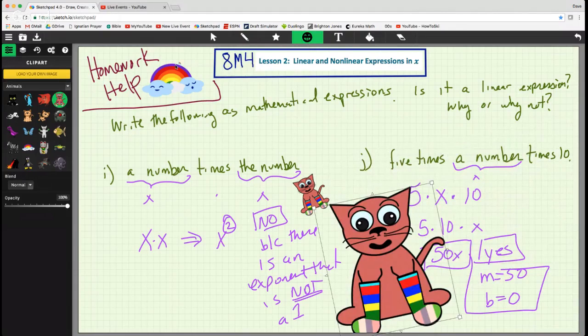Whew, that was a lot. So what did we learn? We learned the difference between linear and nonlinear expressions, what the form has to look like after we simplify an expression. We learned the difference between an expression and an equation, which we kind of already knew from, I think, a 7th grade standard, but we relearned it. There's a lot of recycling, spiraling in Eureka Math, which I really like.